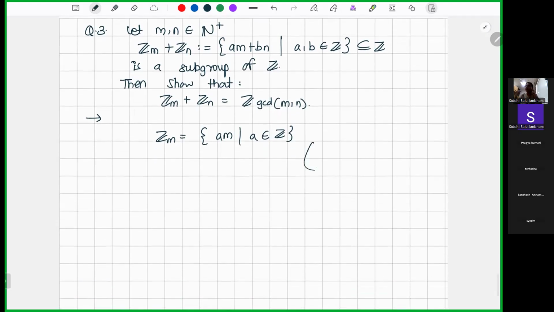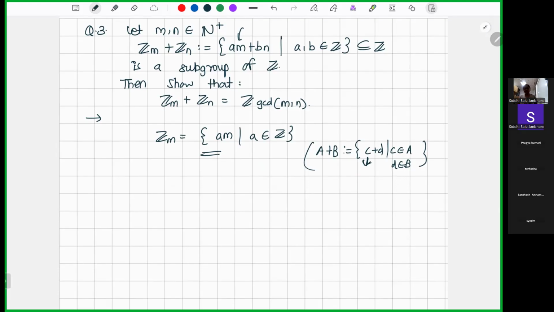So in general, if addition is well defined, for any sets A and B, it is A plus B, such that a belongs to A and b belongs to B. But in this case, let me write C plus D, such that C belongs to A, D belongs to B. So here C is actually my am, because Zm has elements of this kind, and D is an element from the set B, which in my case is Zn, and the elements there are of the form bn for some b in Z.